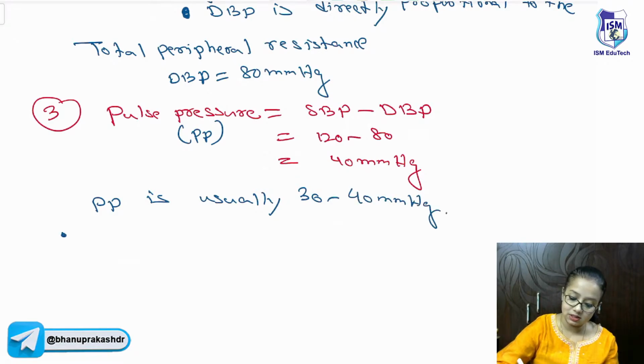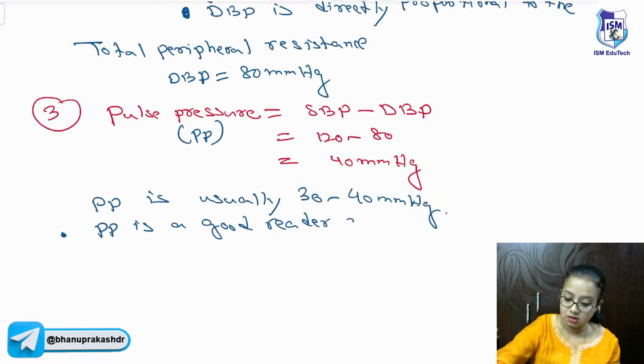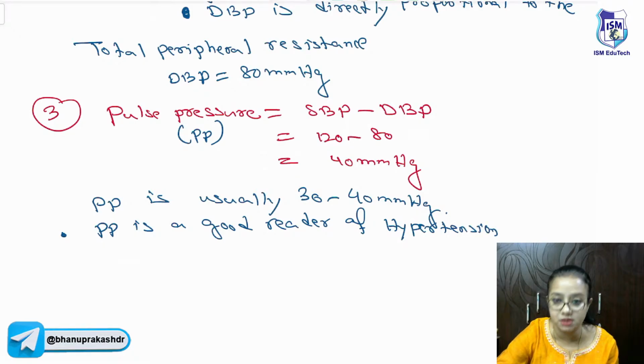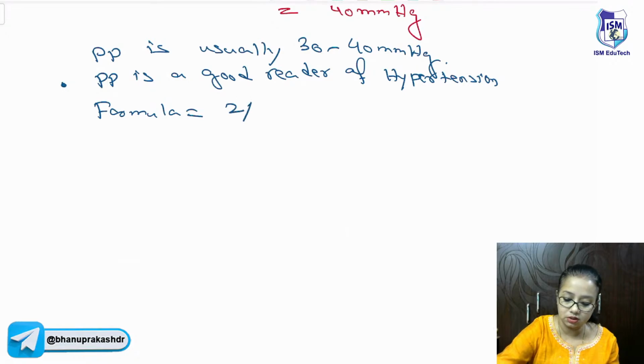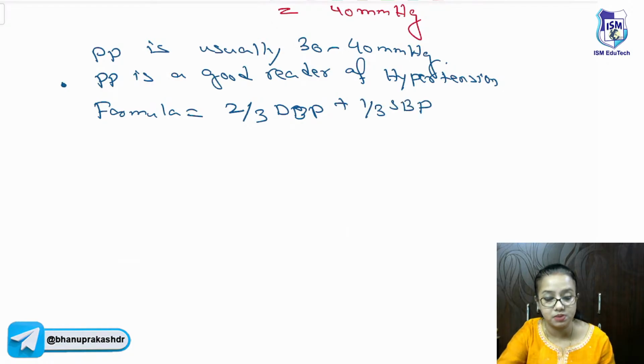Now, this pulse pressure is a good reader of hypertension, or rather systemic hypertension. So it is calculated, the formula is 2/3 of diastolic blood pressure plus 1/3 of systolic blood pressure, which gives the pulse pressure.